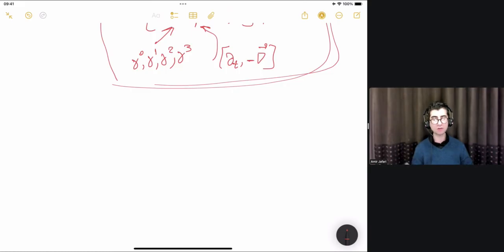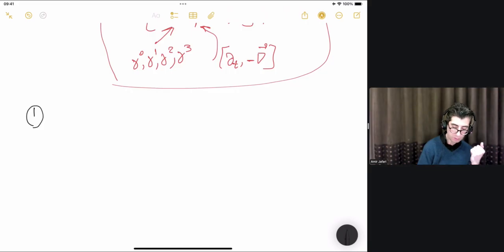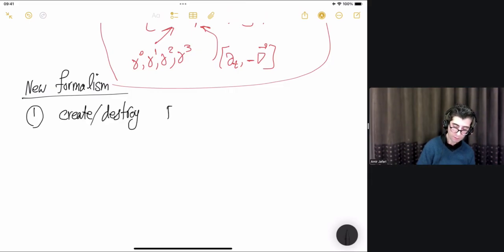So we're going to abandon this approach. We're not going to try to write down differential equations. We need a new formalism, as I said before, which enables us to create and destroy particles at any point in space and time, x and t.